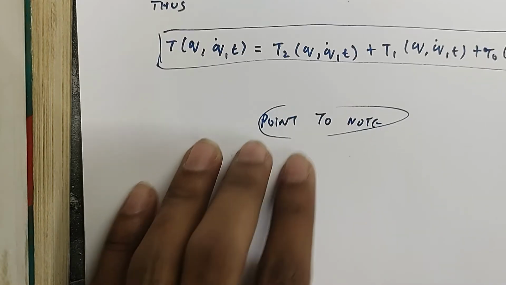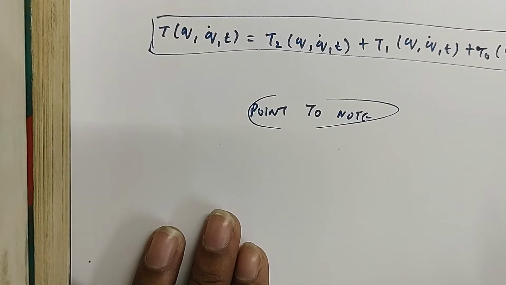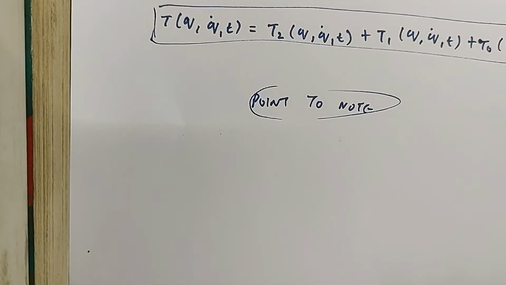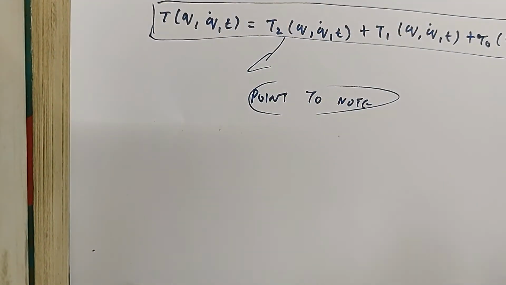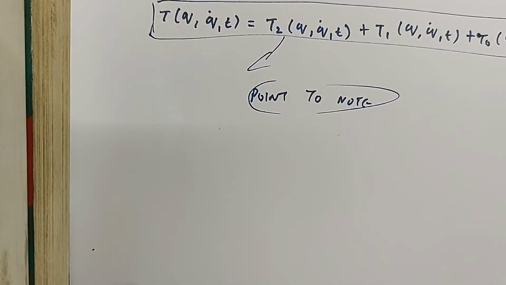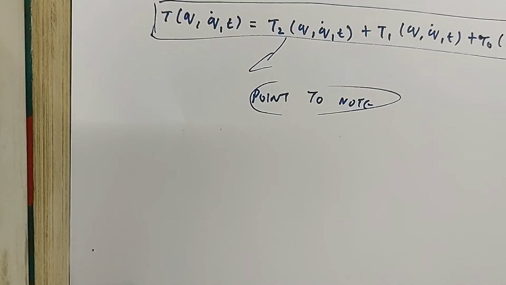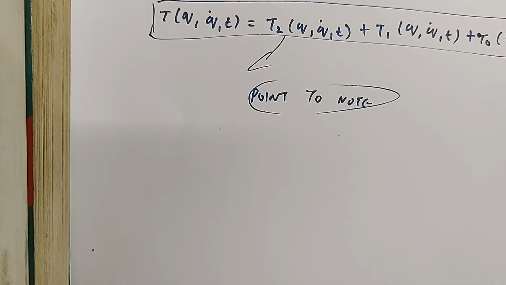So it's worth noting: if the transformation equation does not contain the time explicitly, that is, the constraints are time independent, which is a scleronomic condition, then only my T2 is non-vanishing, and my T is always a homogeneous quadratic form in the generalized velocities. Alright, so that's a very important statement to note, because we are going to use this statement in the next lecture also.